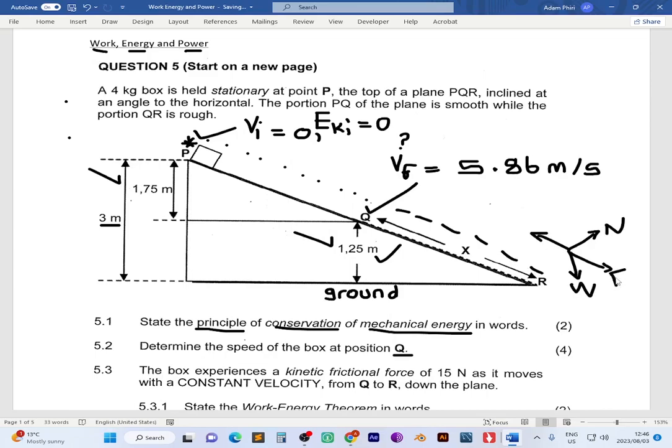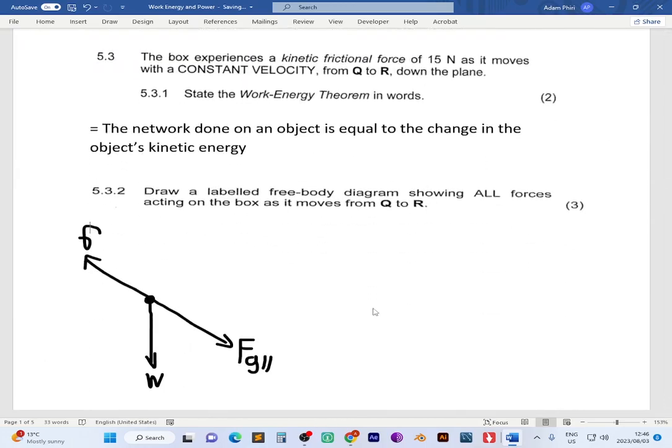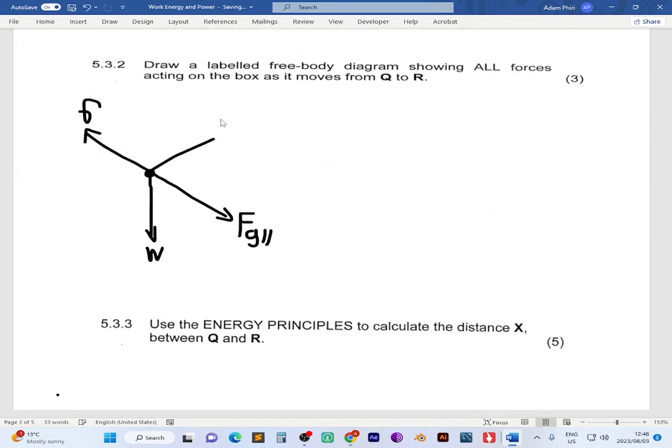That is FG parallel, and then you have the frictional force there. But you can also include the normal force, and you also have FG perpendicular.